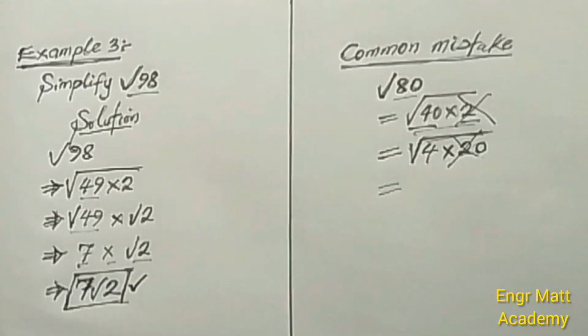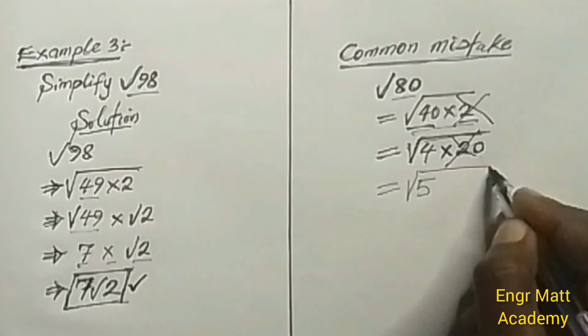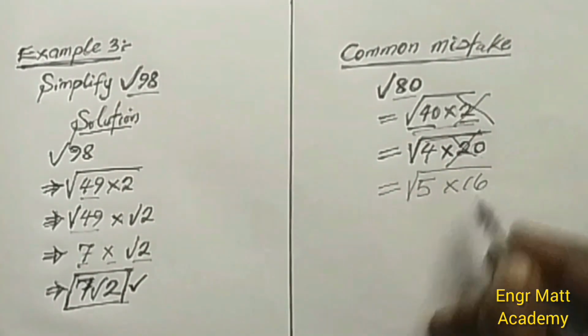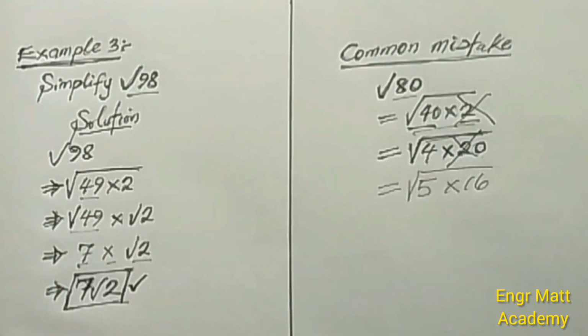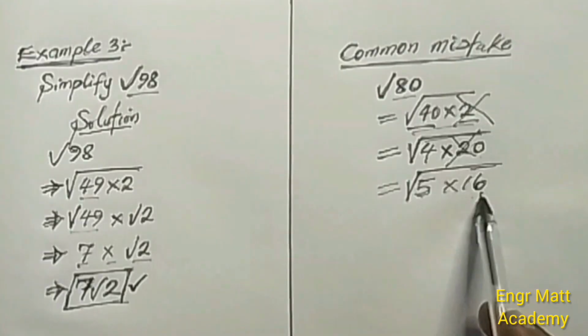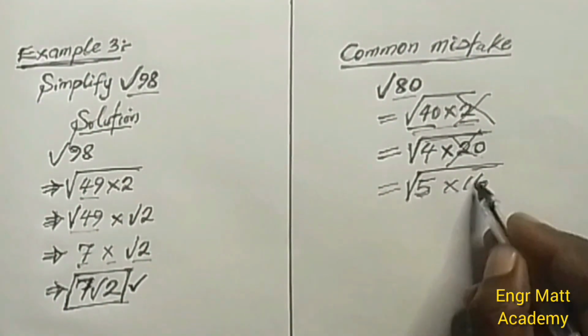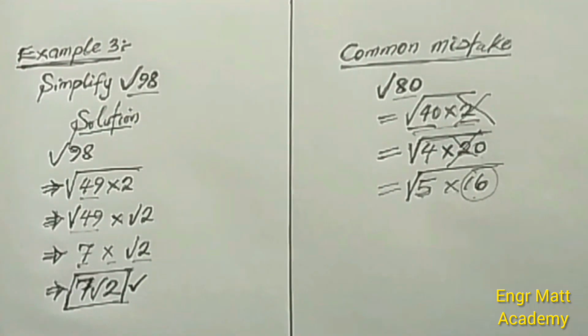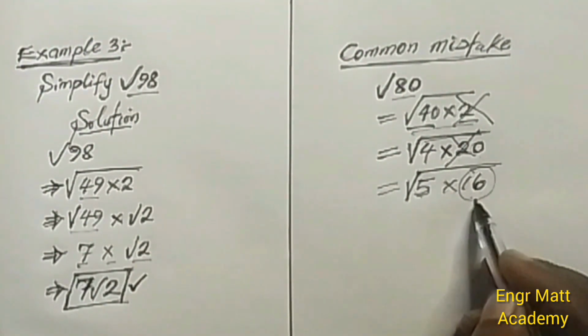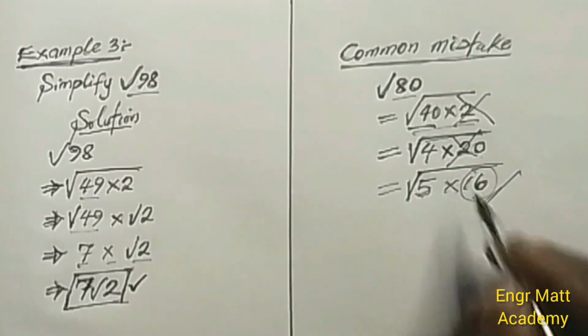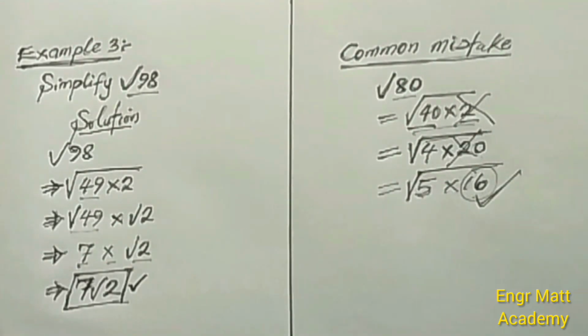Next, some students will say root 5 times 16. 5 times 16 is 80. That is correct. And 16 is a perfect square. Because this is the highest perfect square, this pair of factors is correct.